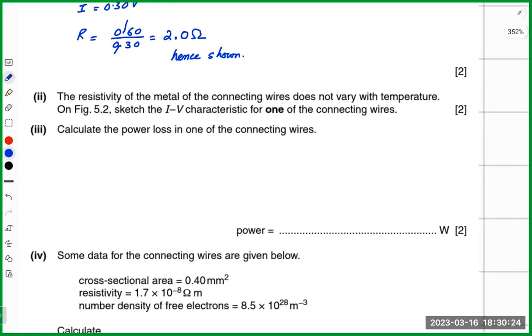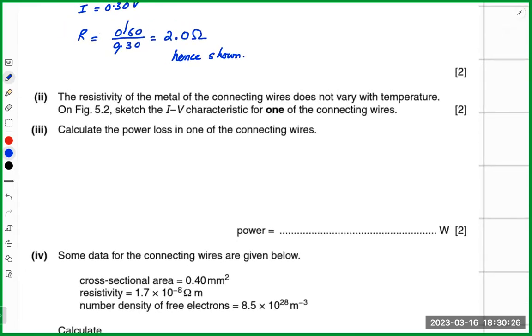The resistivity of the metal of the connecting wire does not vary with temperature. Okay, he's saying that for this particular experiment, the resistivity is fixed. On figure 5.2, sketch an IV characteristic for one of the connecting wires.